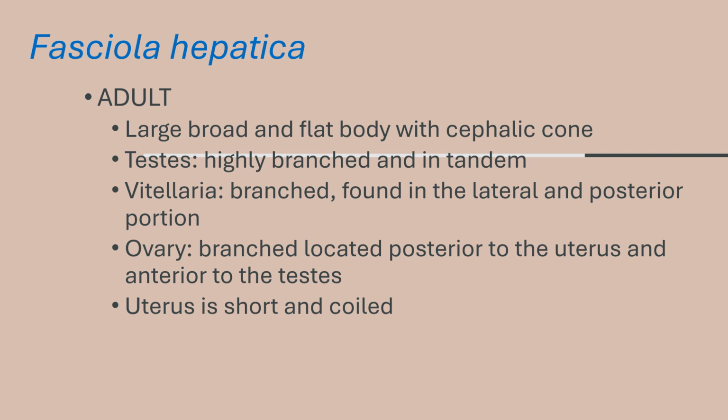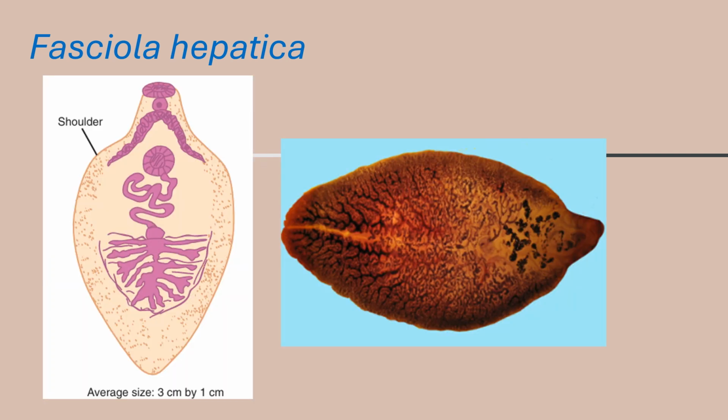Again, please note that the testes, the vitellaria, and the ovary are used to identify the Fasciola hepatica adult. Aside from the cephalic cone or shouldered appearance, you can make use of the testes, vitellaria, and ovary to determine the adult Fasciola hepatica.